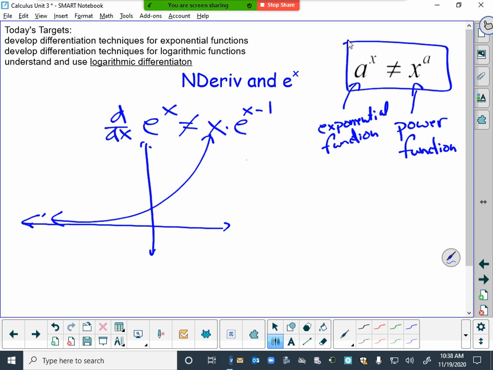I can also see, if I was just trying to sketch the graph of what this might look like, well, these tangent lines back here are almost flat. They're very close to 0. So out here I'm getting points that are very close to 0.